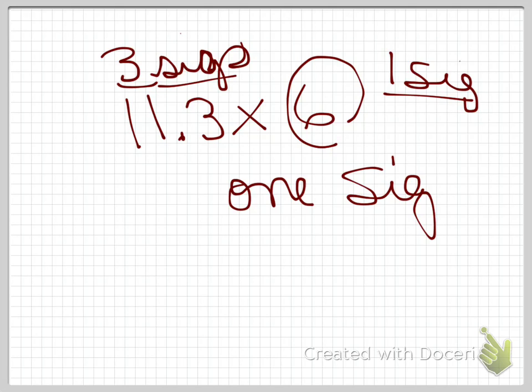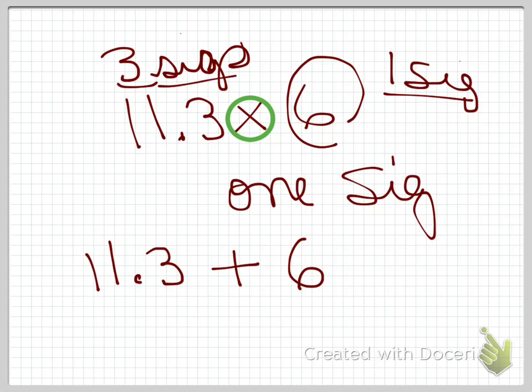Alright? Now, if we were adding these, 11.3 plus 6, notice the difference. Here, we're multiplying. Here, we're adding. Notice the difference. Here, we're going to actually look past the decimal.